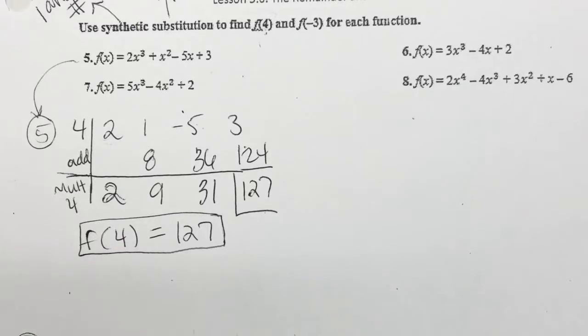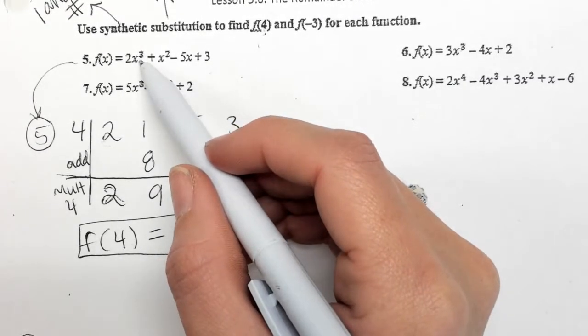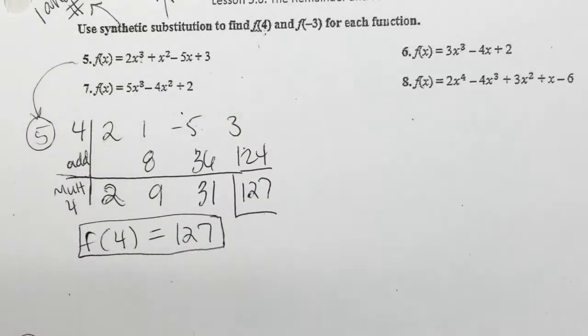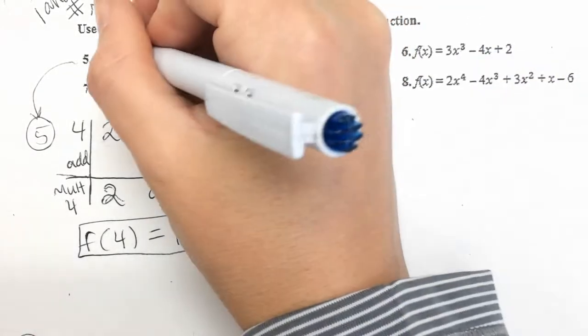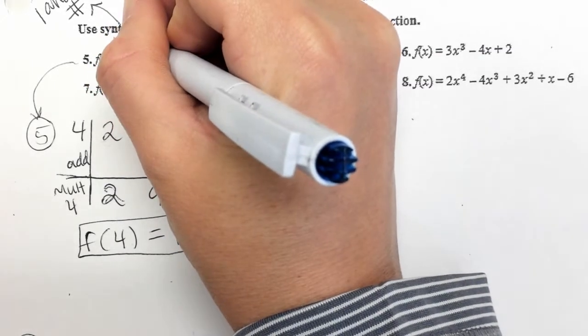Now, how do you check this? All you have to do is plug in 4, the number they give you, for x up here, and evaluate the function. It should give you this number. We'll do this one together. I'm not going to make you check all of them. If I plug in 4 for x, what's 4 cubed? What's 64 times 2? 128.